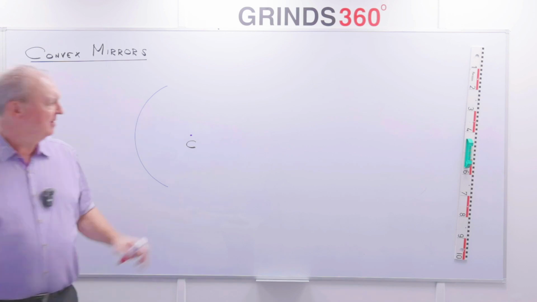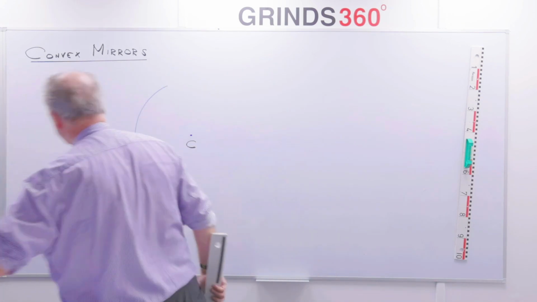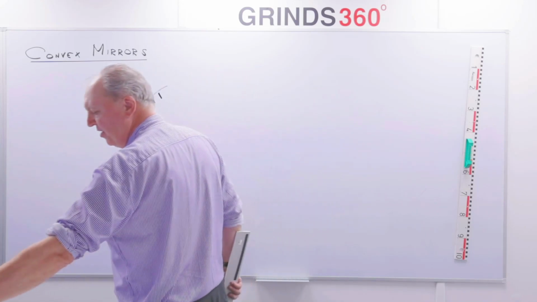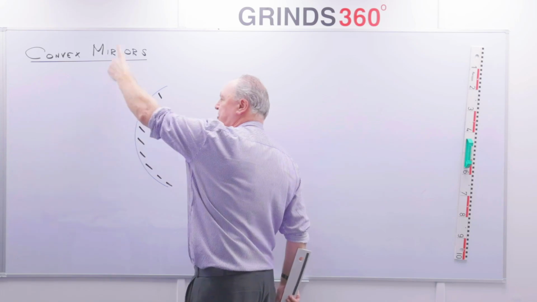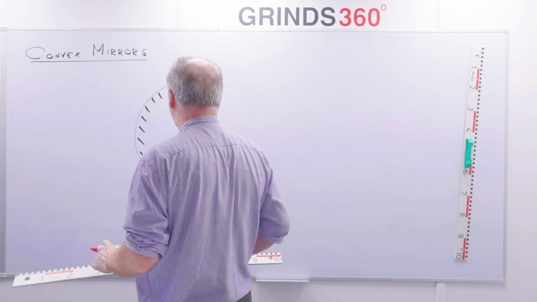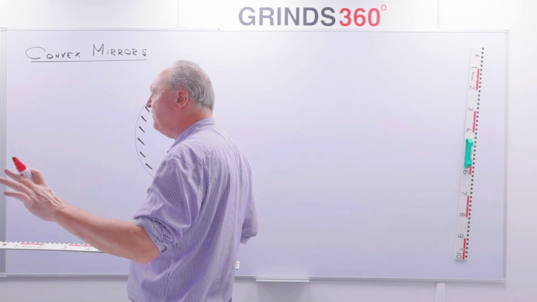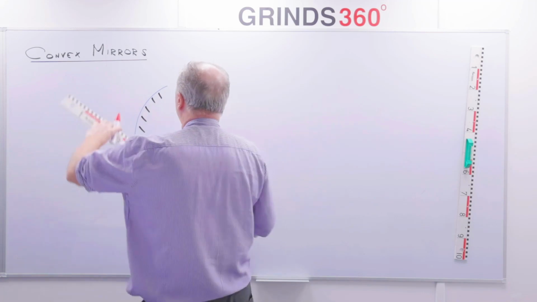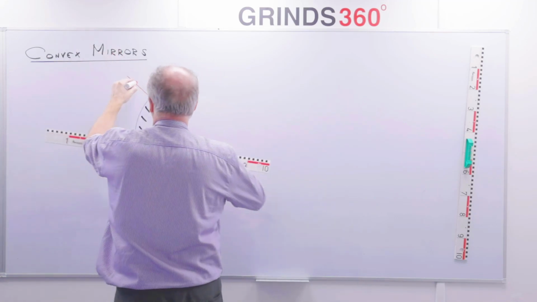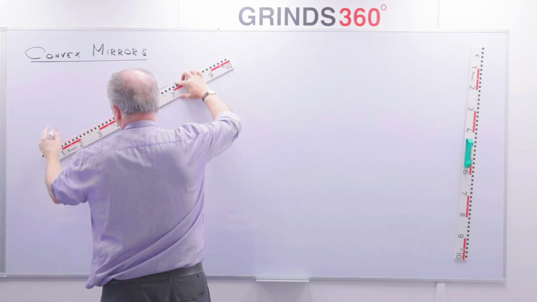So for example, there's my convex mirror. There's the back of the mirror. We've already talked about when rays of light come in, they're going to bounce up or bounce down. They're going to diverge. Well, why is this very good for use in a supermarket where you want to get a wide field of view and see the entire supermarket? Well, if you take rays of light coming from one end of the supermarket, they're going to bounce in towards a point like this.